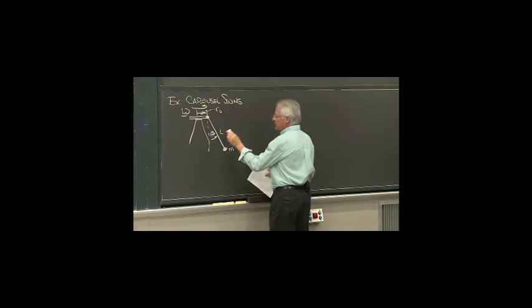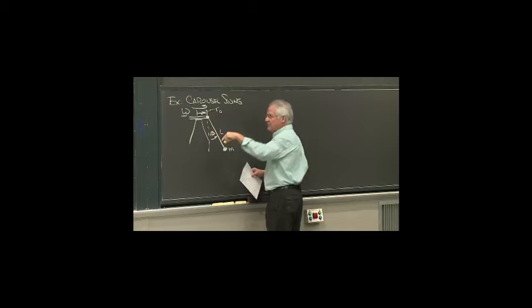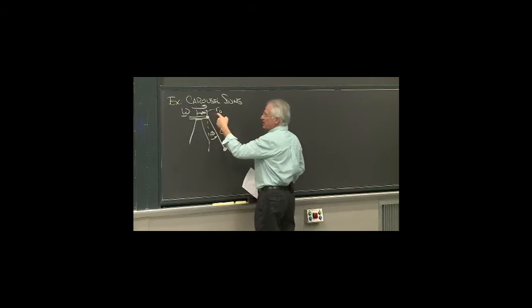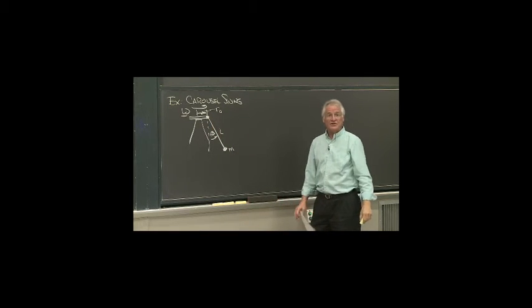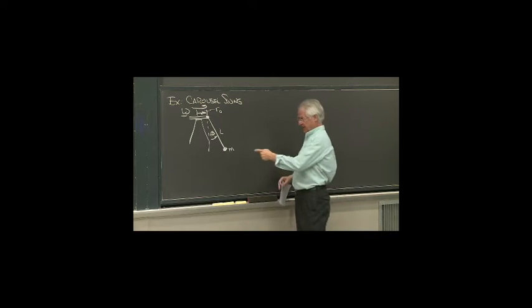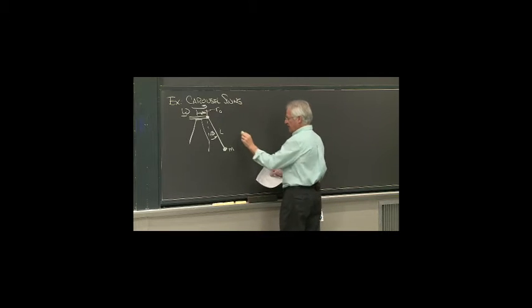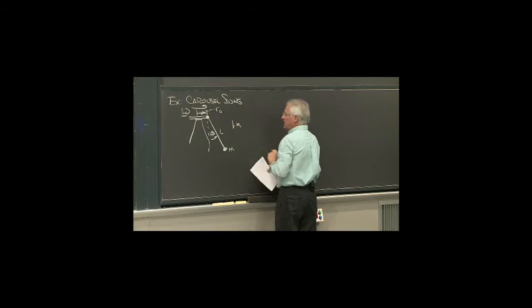So here's the situation. You got a great big tower on top of which is a big old wheel that goes around, a wheel of radius R0, from which are suspended a whole bunch of swings. These are like your playground swing, each of which is of length L, with mass M here.